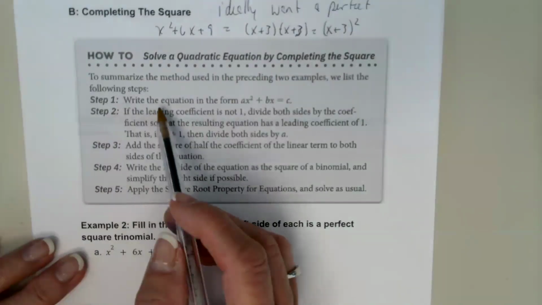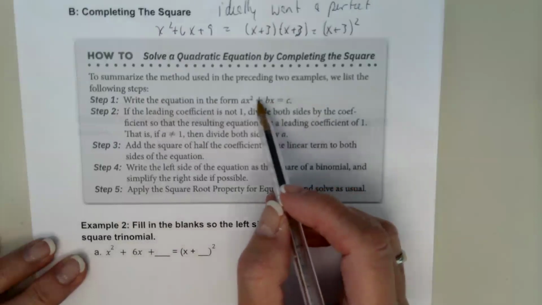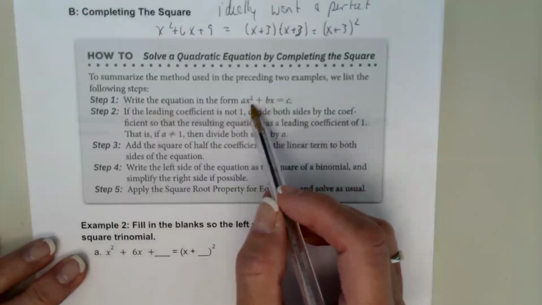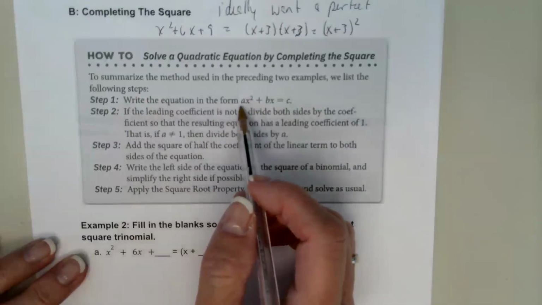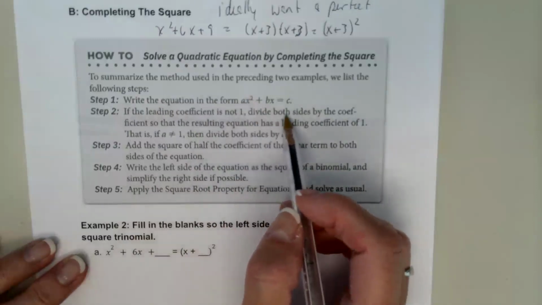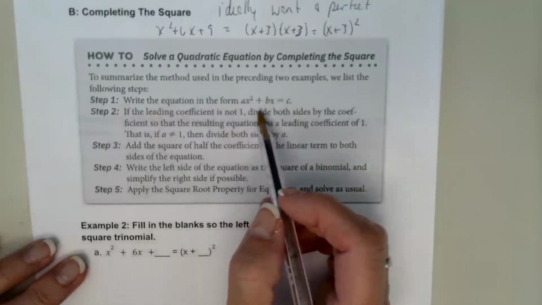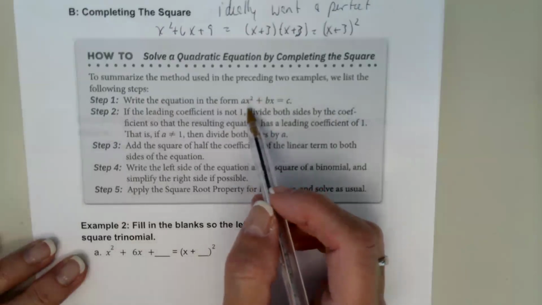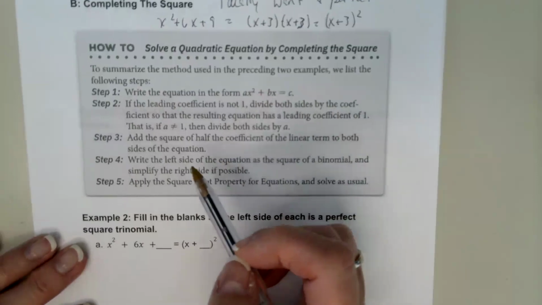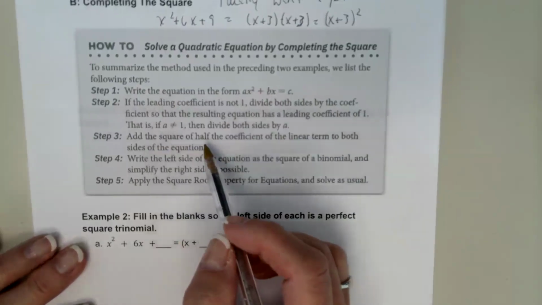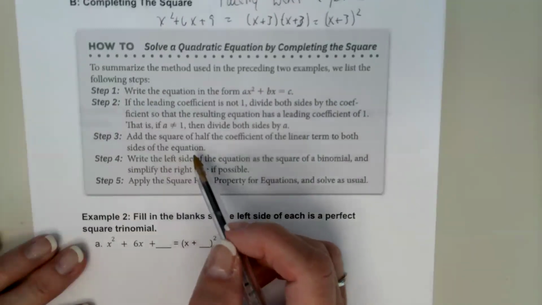So the first thing we're going to do is write the equation. We're going to move any constants to the right-hand side, and we're going to be left with a single ax squared plus bx. If the leading coefficient is not 1, so if a is not 1, we're going to divide both sides by that a. So that means ax squared will get divided by a, bx will get divided by a, and c will get divided by a. Then we're going to add the square of half the coefficient of the linear term to both sides of the equation.